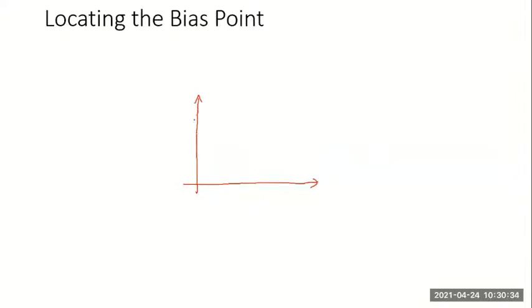Let's say this is your DC load line. We normally say the Q point should be located in the center of the DC load line. Why? What's the reason that the Q point should lie in the center of the DC load line? What will happen if it is not in the center?